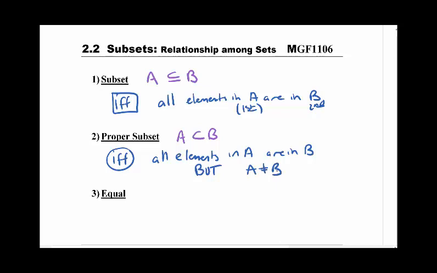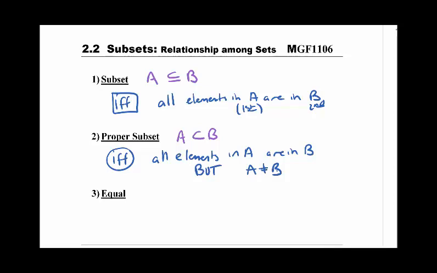Now when I say subset and proper subset and a less than or equal to, just realize that's just getting the idea. The pure definition is everything in the first has to be in the second. So if there's something in the first that's not in the second, it's not a subset or proper subset.